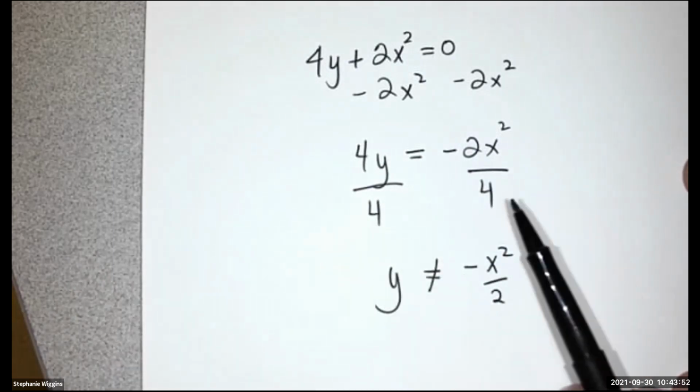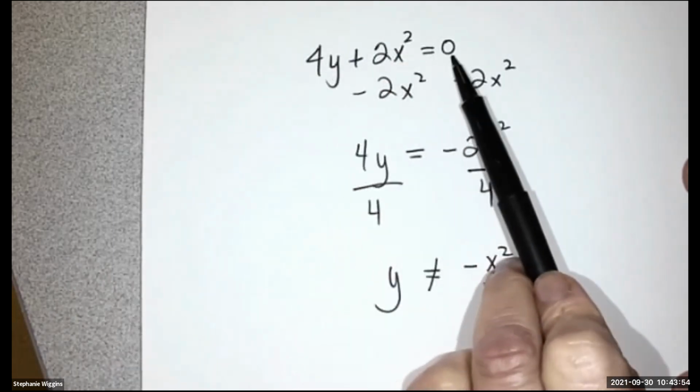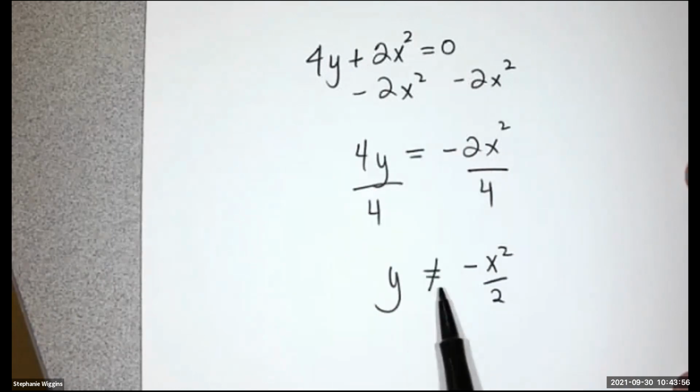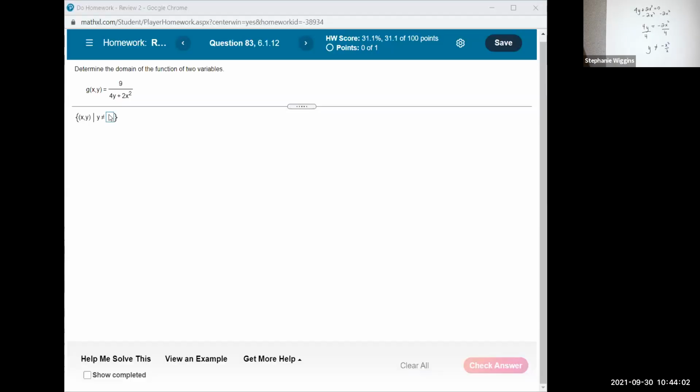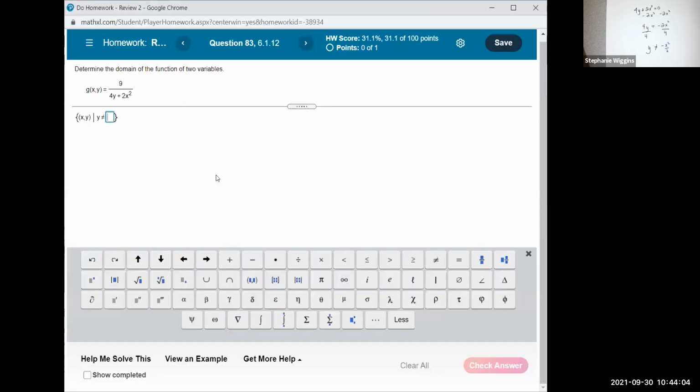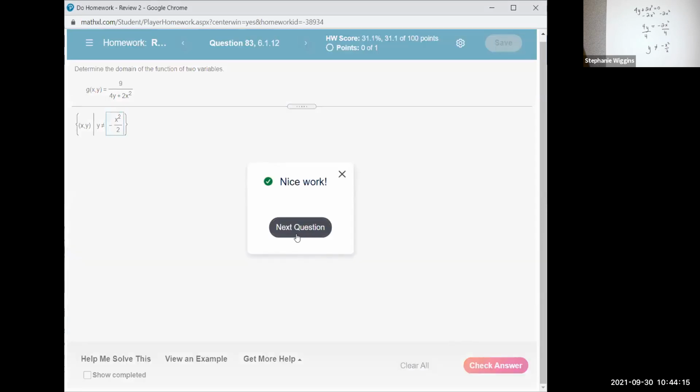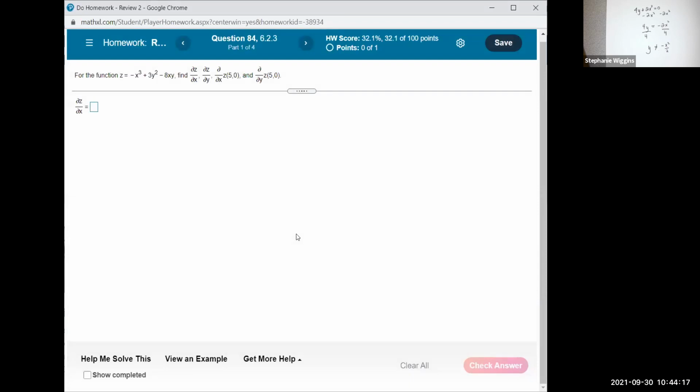Because we don't want the denominator to be equal to 0, you're going to say not equal. And I think that's the way they have it set up there. So you're just going to type in -x squared divided by 2. Okay, so these are really simple.